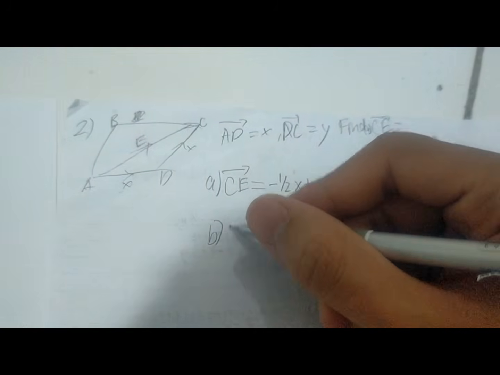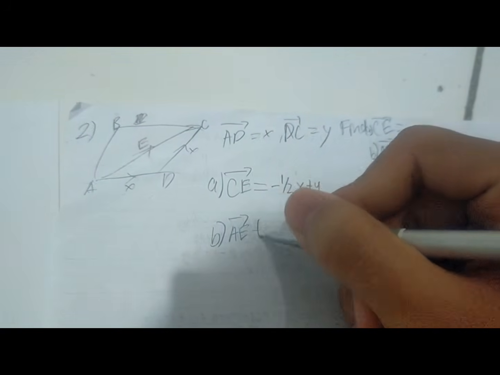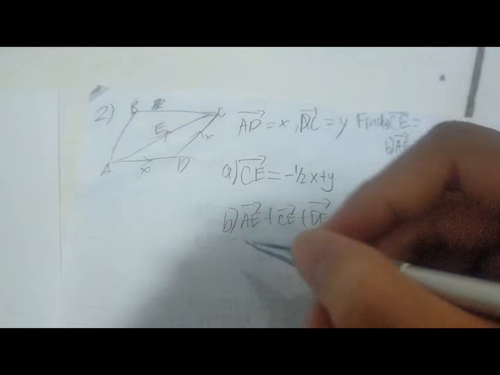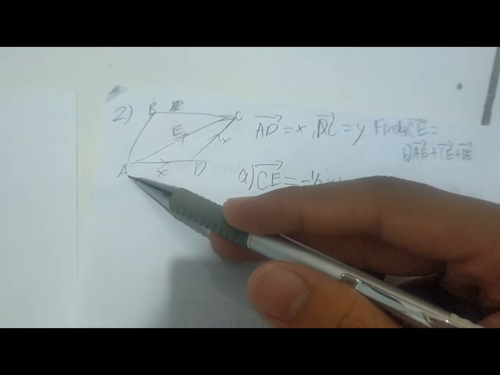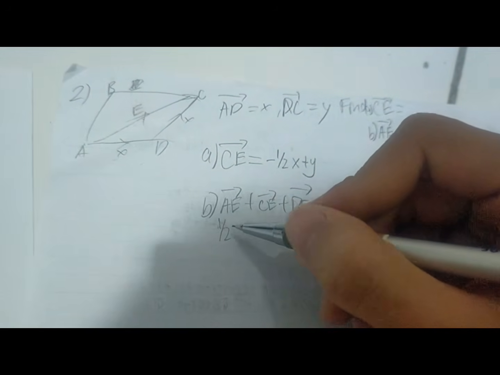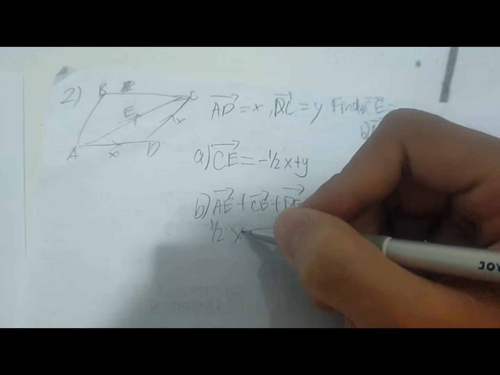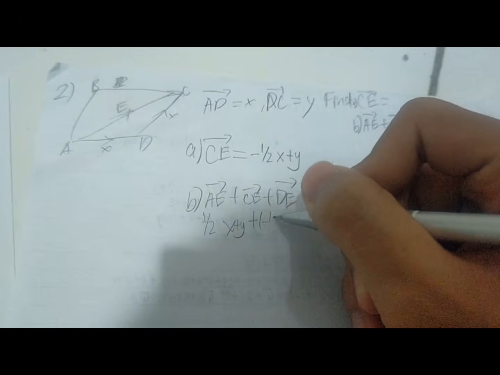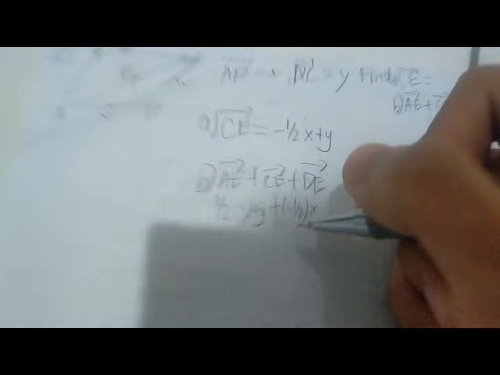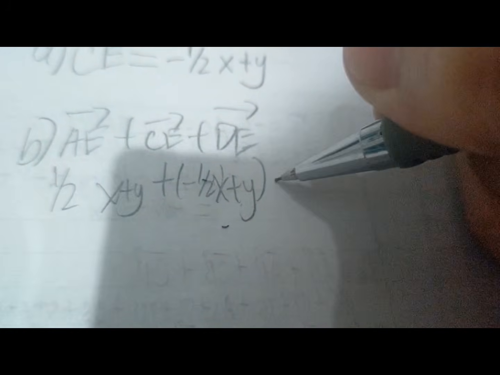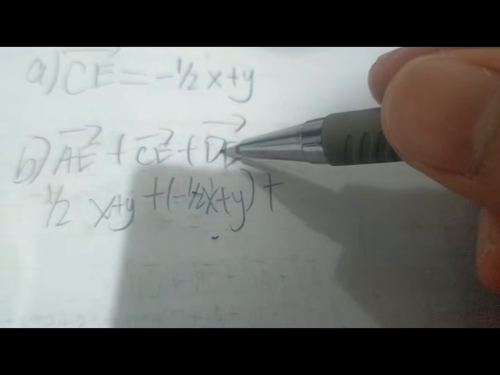Like I said before, AE plus CE plus DE. So this we already know. If we go up from A to E, it becomes half of X plus Y, plus minus half of X plus Y, plus this DE.